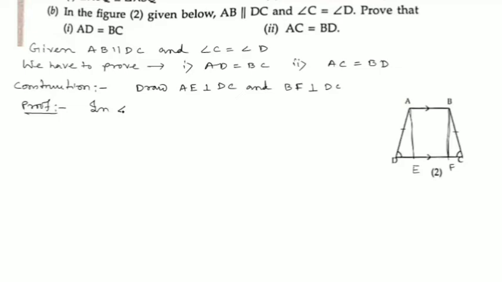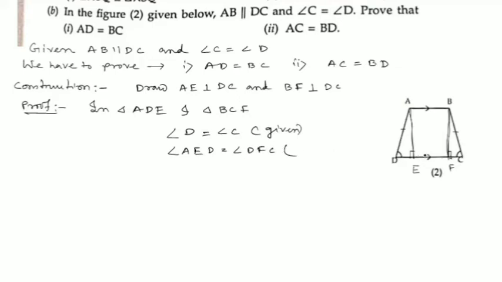Now proof. In triangle ADE, this triangle, and triangle BCF, angle D is equal to angle C. This is the given condition, so I write it here: given. Next one is angle AED is equal to angle BFC.